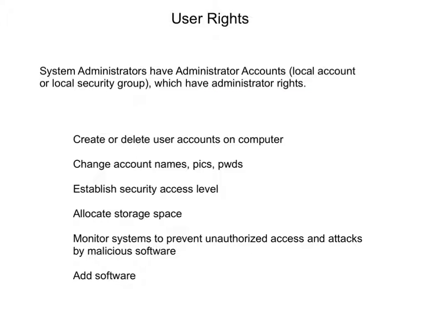Now, administrator rights give you the ability to add accounts, change the names and the passwords, establish what kind of security level you have, whether you are only able to read something, whether you're able to edit something, what you can see. Just like on the desktops in the computer lab, there's certain things that you can't access, very different from your home computer.